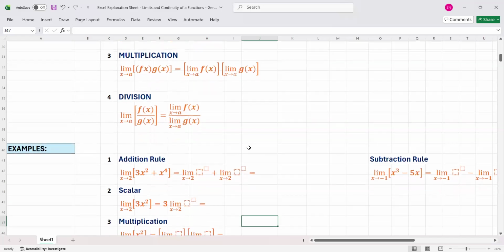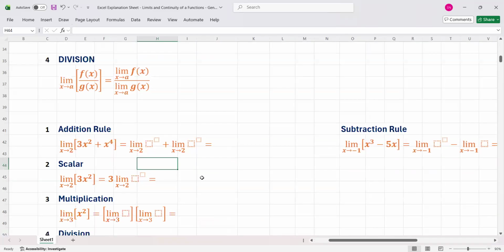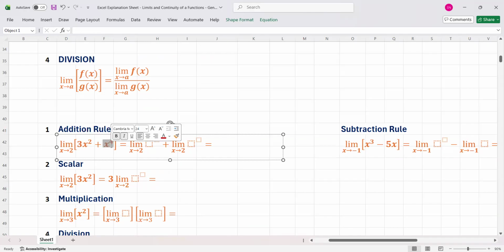So now we want to take examples of what I have just explained. So here, this example is to help us check the limit using the addition principle. So what is the limit as x approaches 2 of 3x squared plus x to the power 4? So based on what we learned, if this is my f of x and that is my g of x, then I can find the limit of f of x plus the limit of g of x and then add.